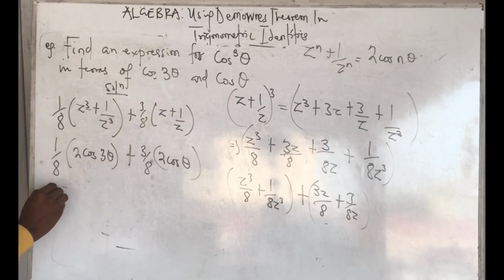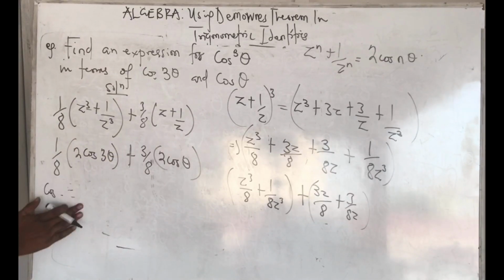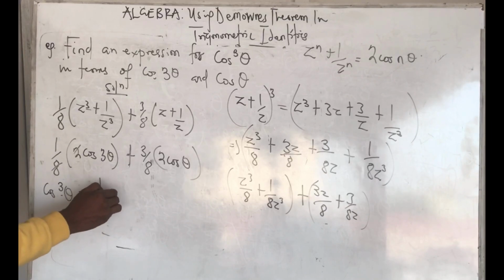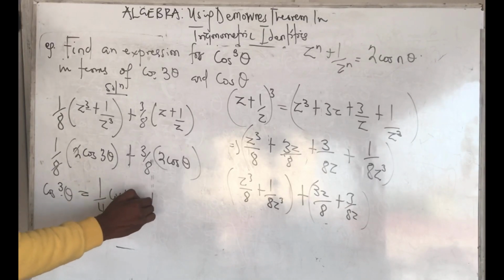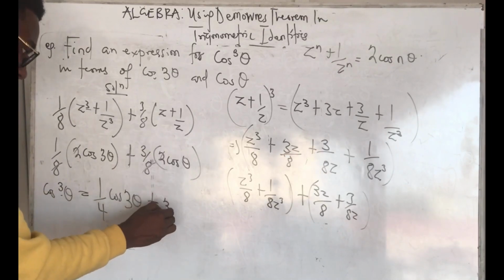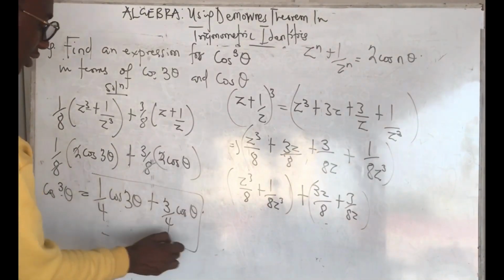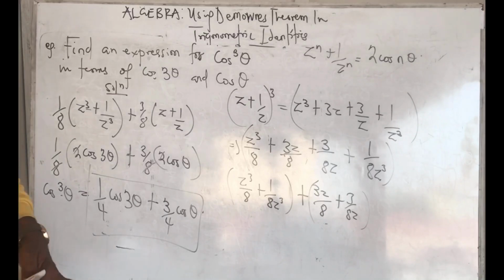Now when you solve this, your cos cube theta will be equal to 1 over 4 cos 3 theta plus 3 over 4 cos theta.